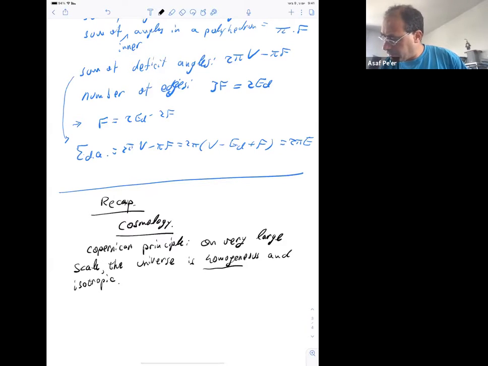Now remember, another thing that was confusing to me as a student: we're talking really about large scales. It's not the scale of the solar system, not the scale of the galaxy, not even the scale of clusters of galaxies. It's a very big scale, for which this is a valid approximation.